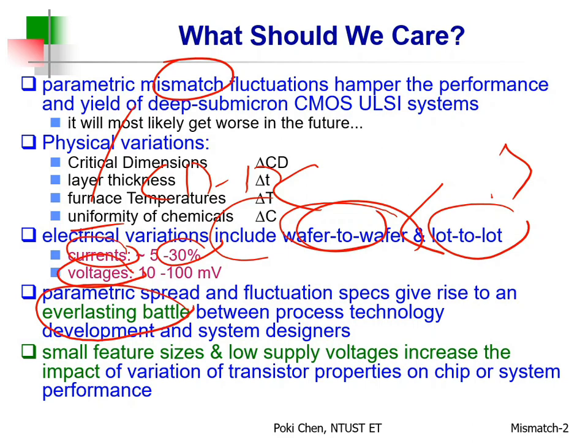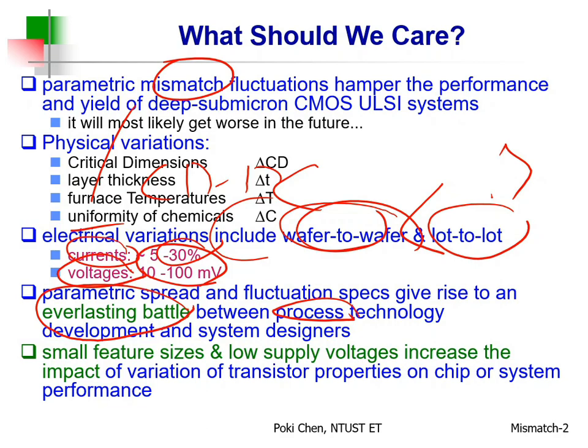Then it is an everlasting battle between whom? The process engineers and the design engineers. If something goes wrong, the designers will say, "Hey, you process guys didn't do a good enough job for us. You had better control your accuracy. Your accuracy is so bad." So what can the process engineers from TSMC say?